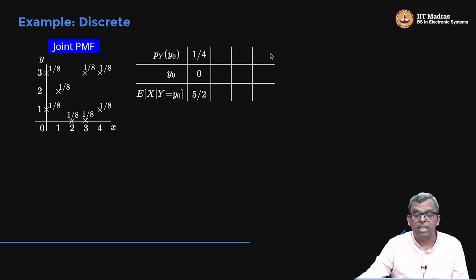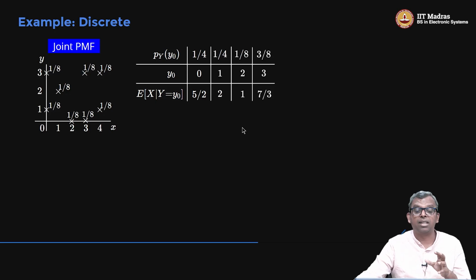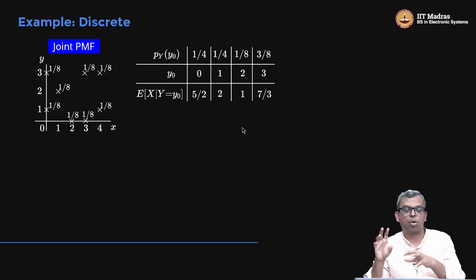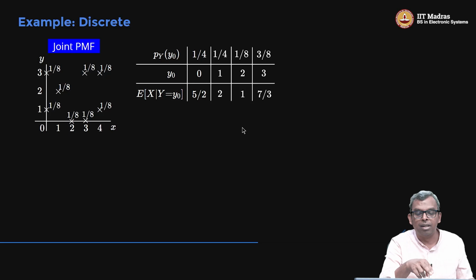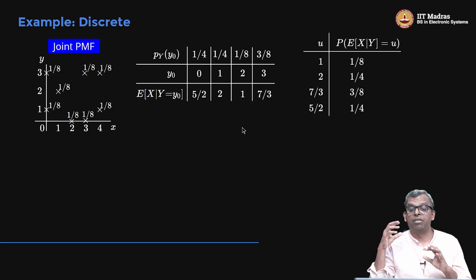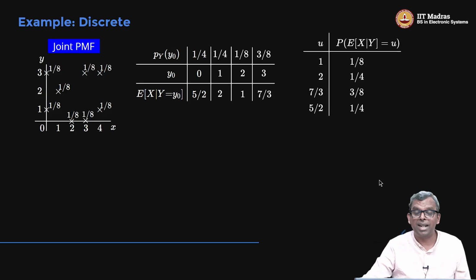If I collect all these values together, I get the expected value of X given Y. Instead of saying the expected value of X given Y equals y naught and the probabilities separately, this entire table, if I want to capture it in one notation, is the notation E[X | Y]. Notice what's happening: E[X | Y] is the random variable which captures this table, right? So if I have u equals 1, 2, 7 by 3 and 5 by 2, the probability that E[X | Y] equals u is this probability.